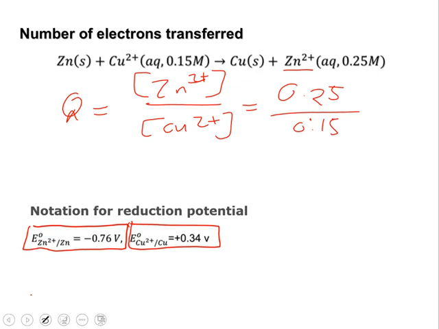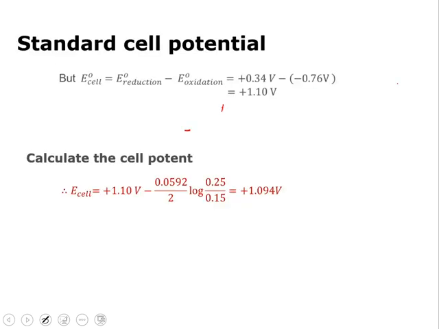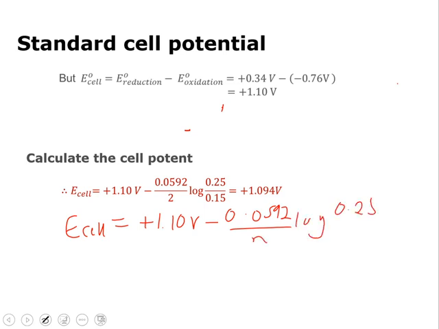0.15. So from here we can substitute into the Nernst equation, because we know that E cell will be equal to the standard cell potential we calculated, which is plus 1.1 volts, minus, then we know the number of electrons is 2, so it's 0.59 divided by 2, then log 0.25 divided by 0.15, like that.